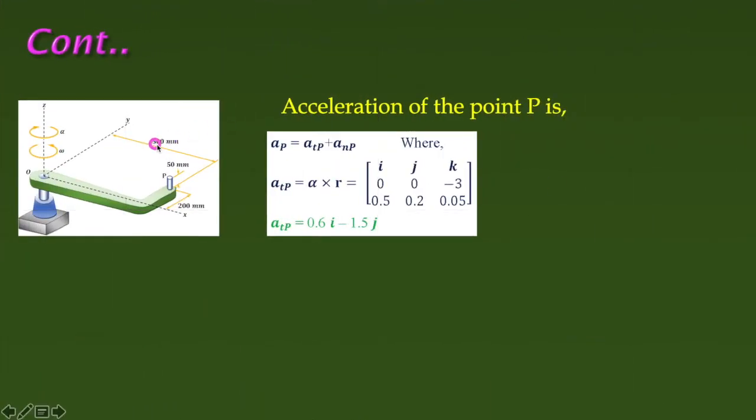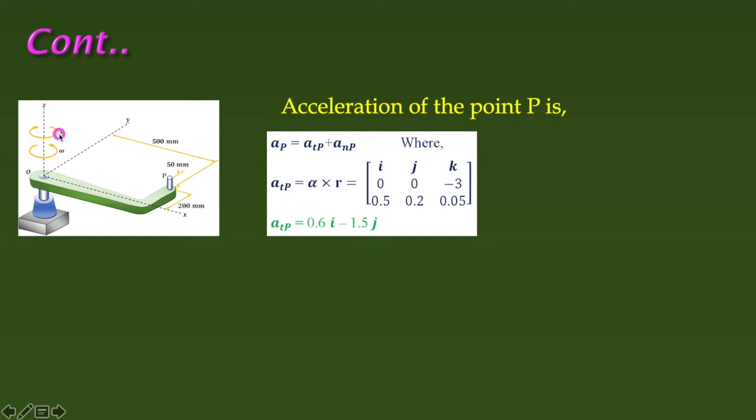Now the acceleration of the point P, the resultant acceleration: we know acceleration has two components, the tangential component and the normal component. The tangential component equals alpha cross r. Here alpha is minus 3k as we have discussed.